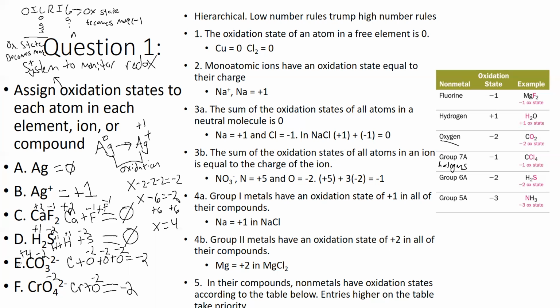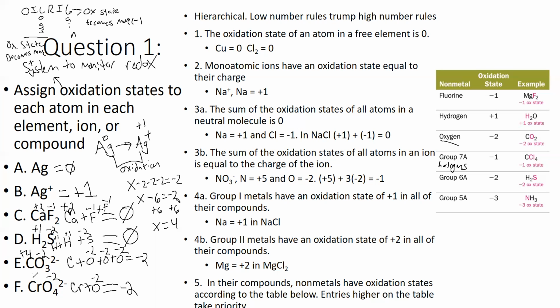And that's all. E and F are basically as complicated as it will get for oxidation states. So with that, who wants to tell me what chromium is? If oxygen is -2, I have 4 of them, and I add that to chromium and it equals -2, chromium must be +6.